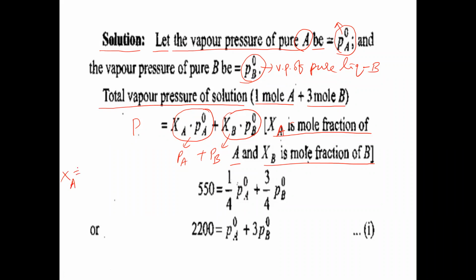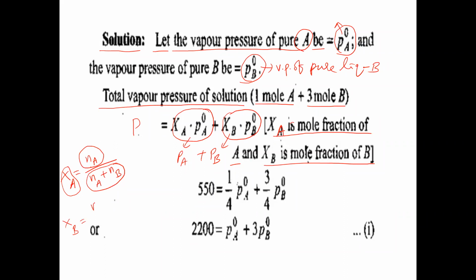Mole fraction of A is equal to the number of moles of A divided by the number of moles of A plus the number of moles of B. The ratio of the number of moles of A to the total number of moles of solution is called the mole fraction of A.